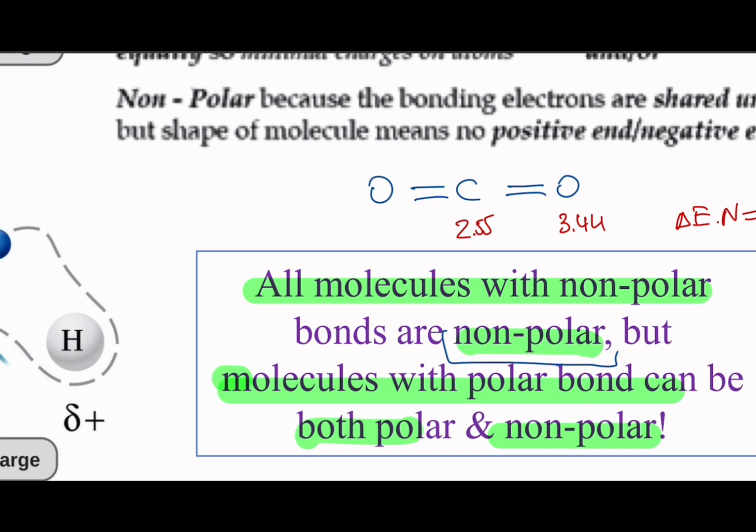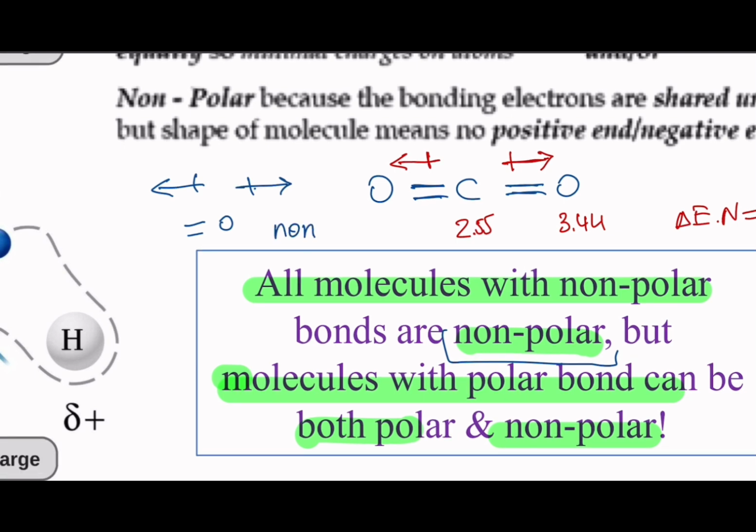This bond is polar because oxygen, which is more electronegative, will draw electrons closer to itself, and the other oxygen will do the same. But this molecule is linear, so both sides pull. We know from physics that two vectors pulling in opposite directions with the same amount will add up to 0. So in the end, it would be a nonpolar molecule.